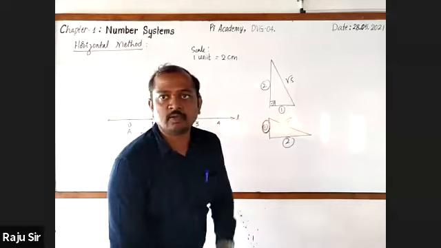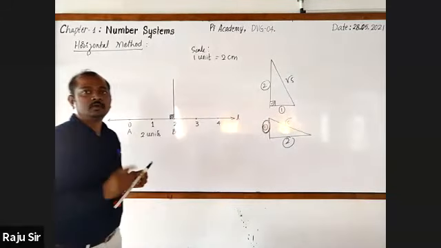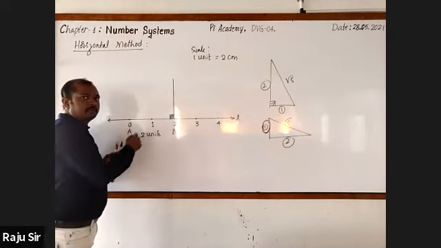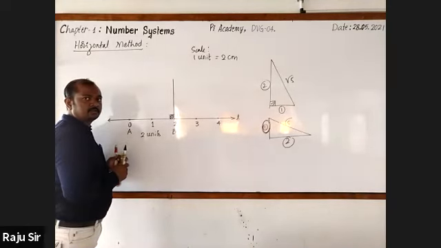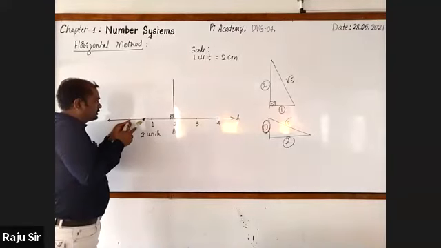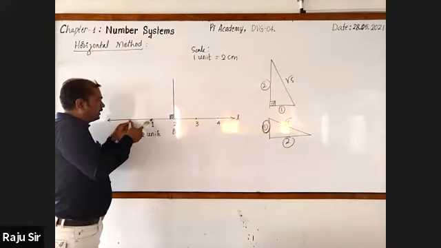Now we have to mark 1 unit. The distance from where to where is 1 unit? 0 to 1. You take this unit distance, 0 to 1. Use compasses.